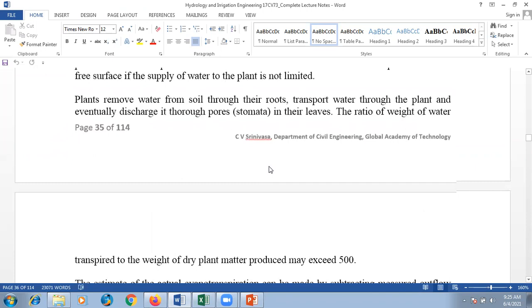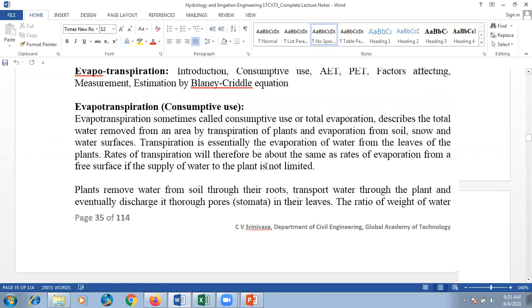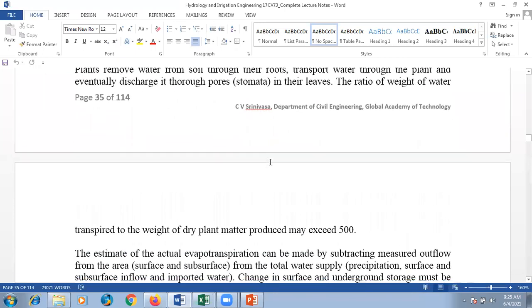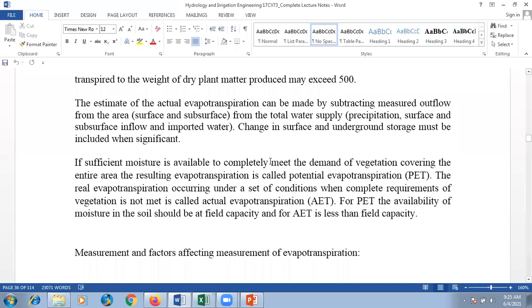This evapotranspiration need is a function of the crop and its variety, the season in which it is grown, and the ambient conditions. There are a lot of things which can come into play, and all of this would influence the actual evapotranspiration. And the most important reason is whether the water is present in the soil at field capacity; that alone would determine how much of that can be consumed by the plant for its needs.